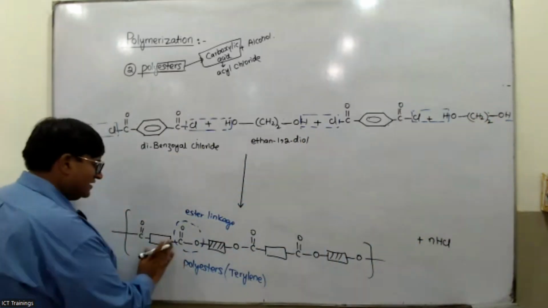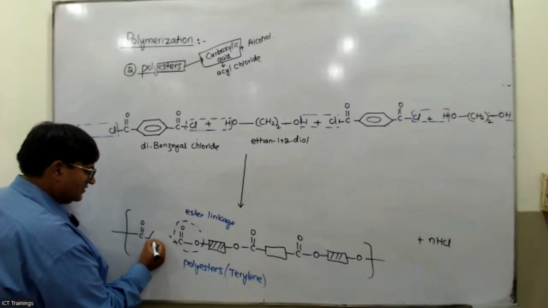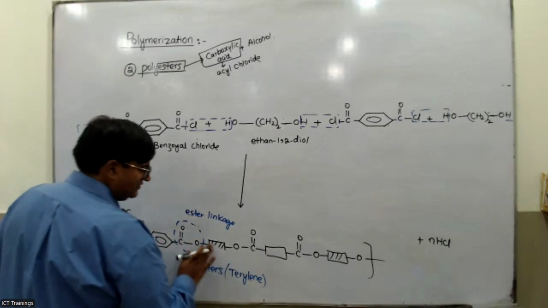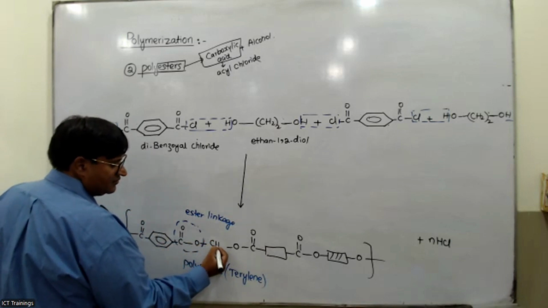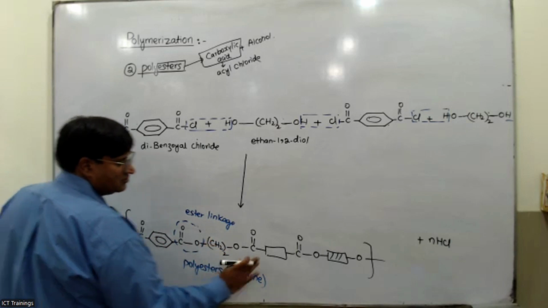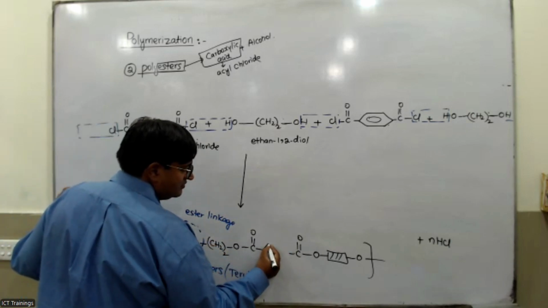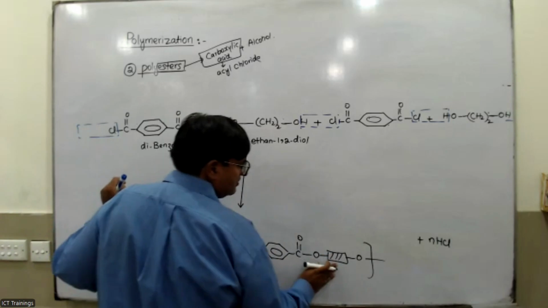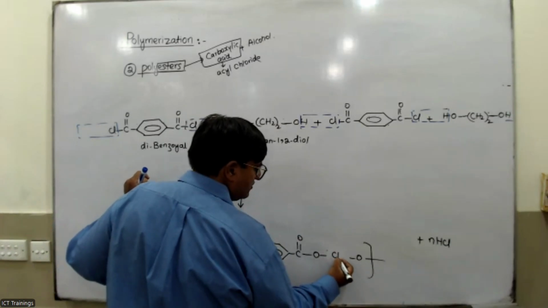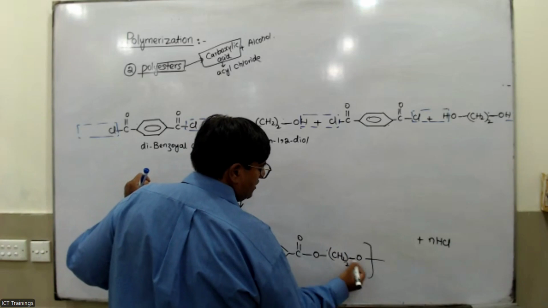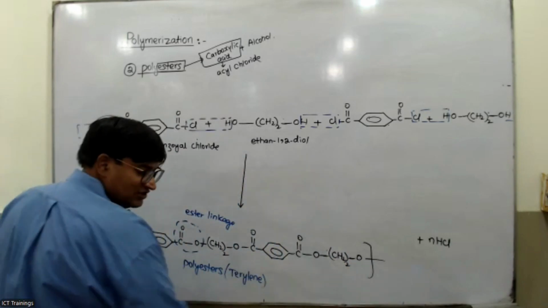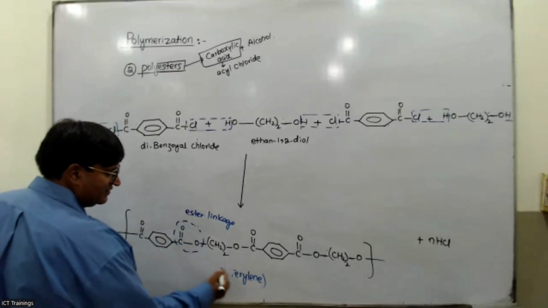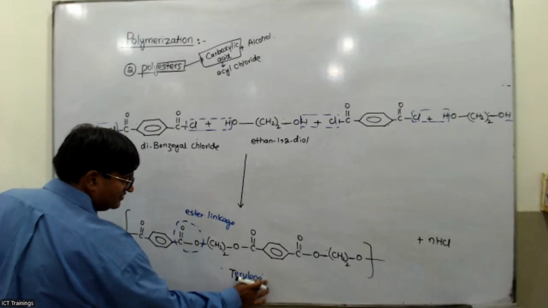If you join them, this one becomes benzene, and this one CH2 two times, and this one again benzene, and this one CH2 two times, like that. This whole thing is called terylene. This is the structure of terylene.